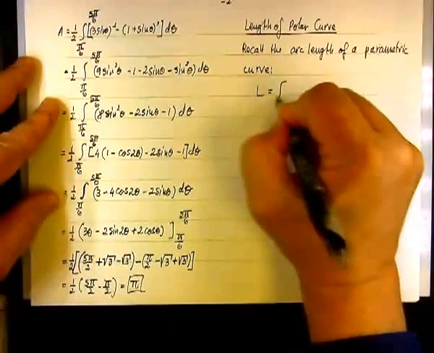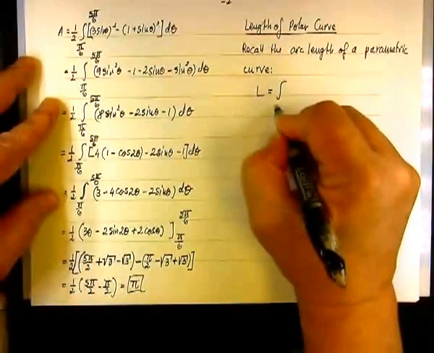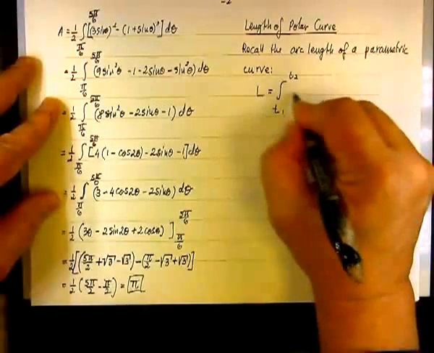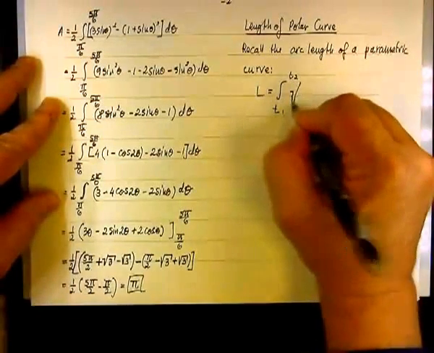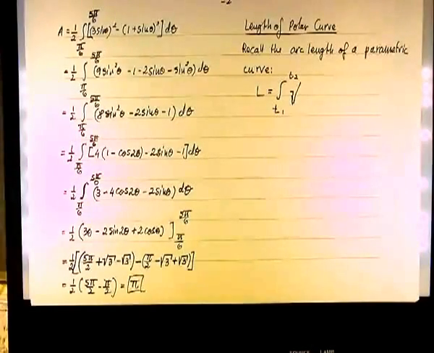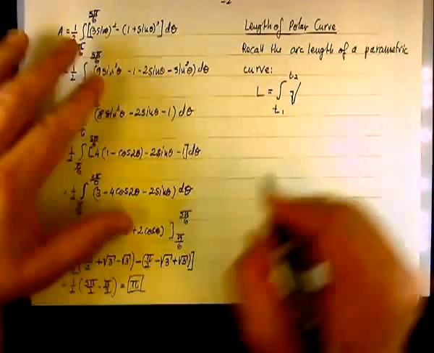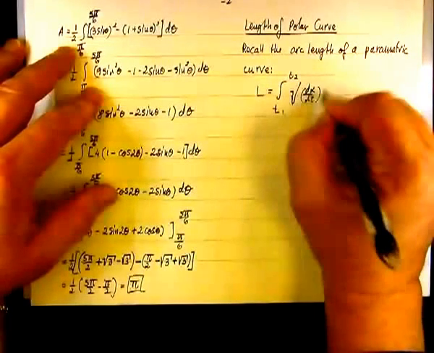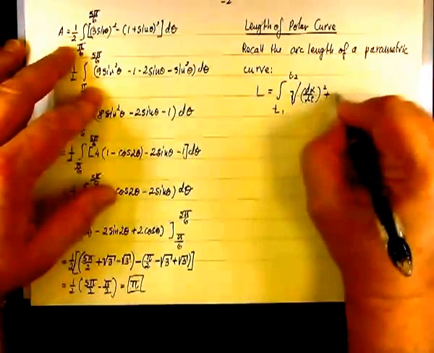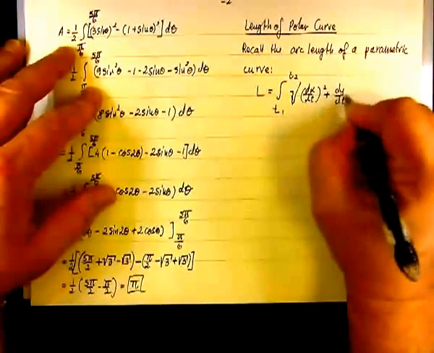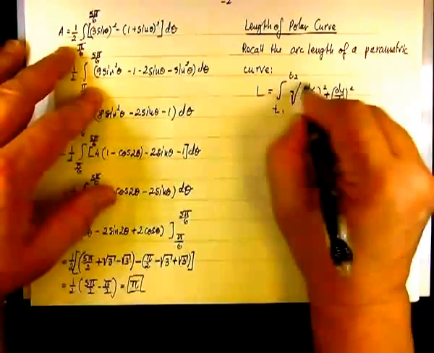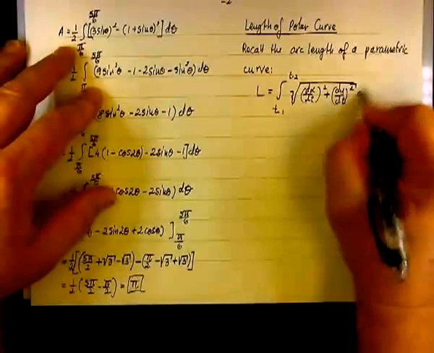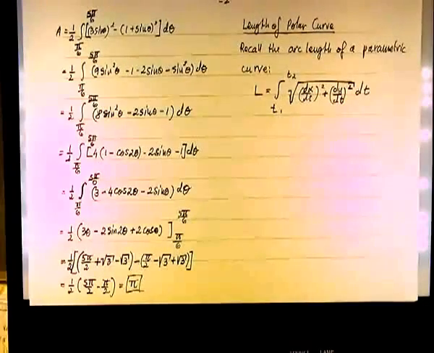L was, since the parameter was t, let's go from t1 to t2. One of the forms that we have was dx dt squared plus dy dt squared is the radicand, and we have the radical, and here we have dt.